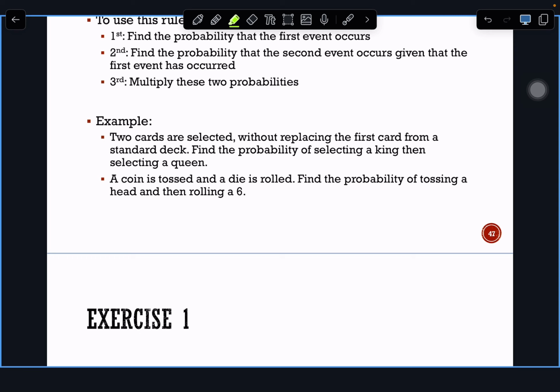Okay, try the examples there, guys. Then we can go. What is the probability of selecting a king?